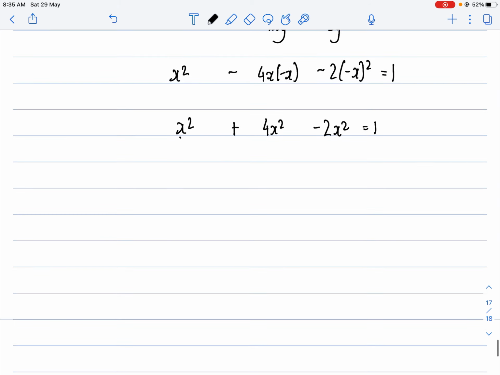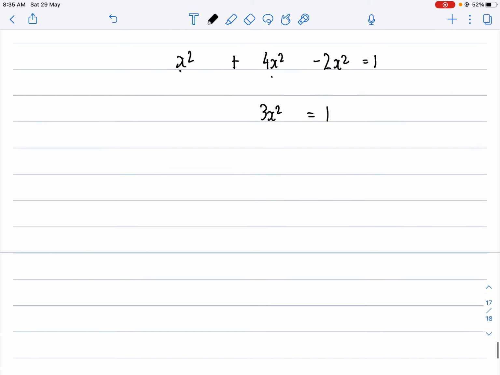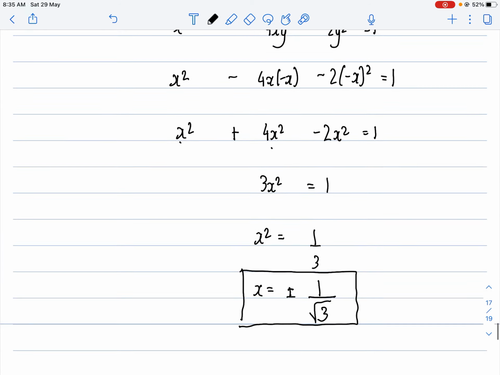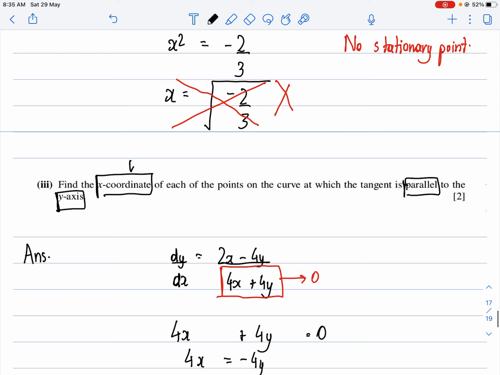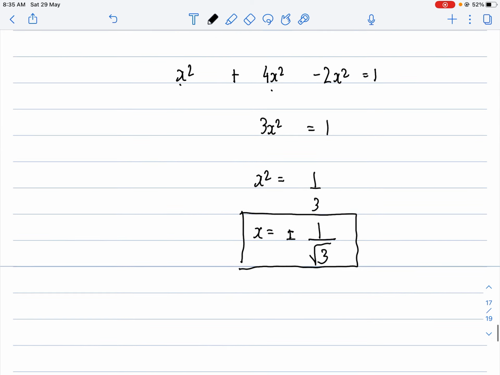Here I simply get 5x square minus 2x square, which gives me 3x square equals 1, which gives me x square as 1 over 3. So x is plus or minus 1 over root 3, because whenever a square root comes, there's a plus minus. So this is your x coordinate of each of the points on the curve.